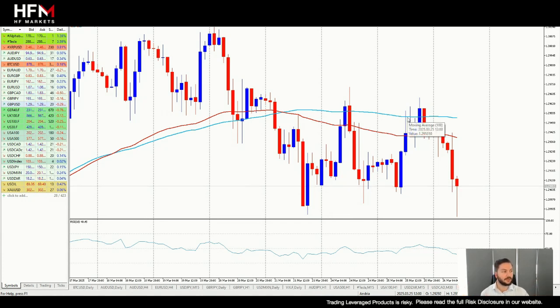So the reason we're seeing a decline in the value of the British pound against the whole currency market, but also of course against the US dollar, is because we're about to get the annual UK budget. Economic activity has been extremely weak, and especially the economic data released over the past 2 weeks has definitely signaled that the UK is in a state of stagnation. Not only in a state of stagnation, but is extremely fragile.